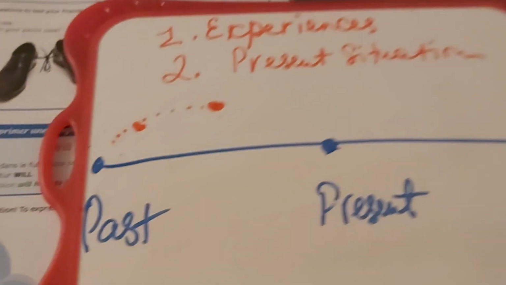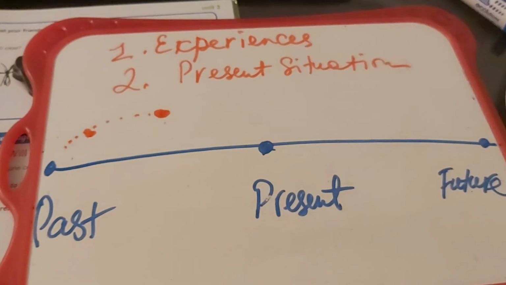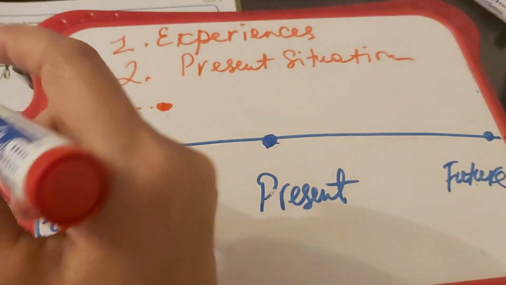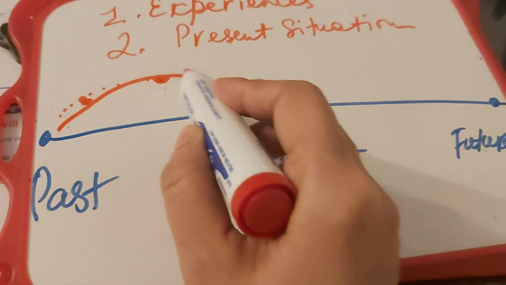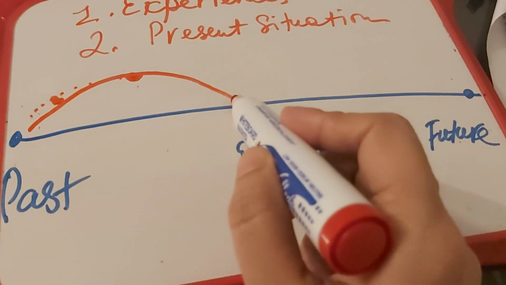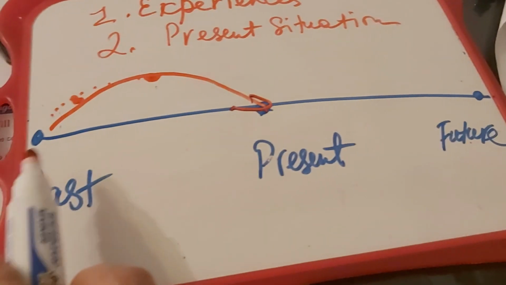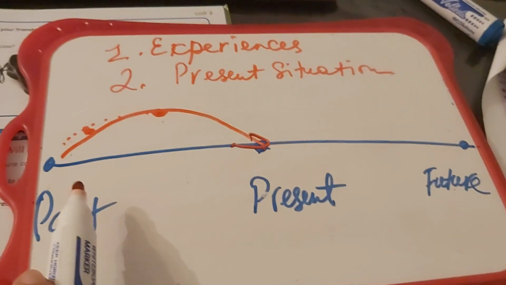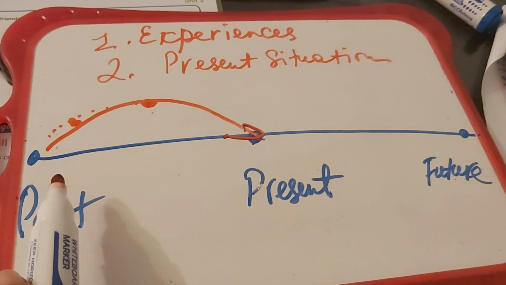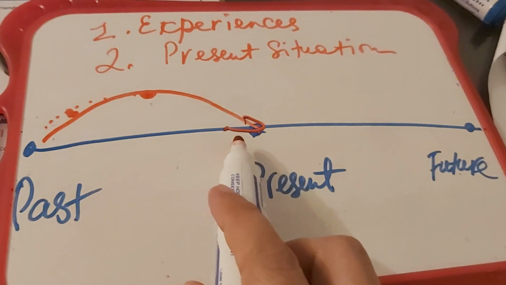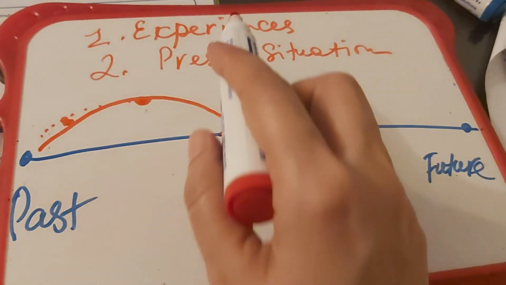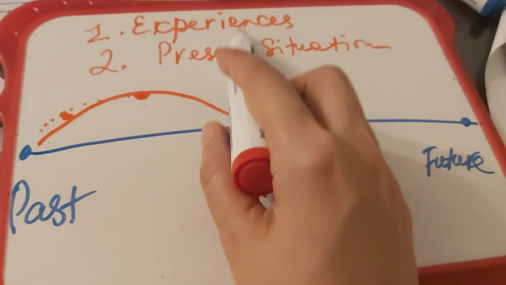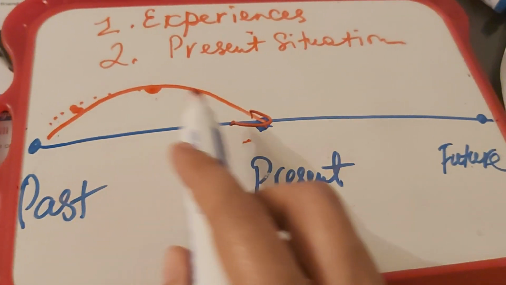Okay, so yeah, and when we use it for the second situation, it's going to be a little bit different. So you started your action in the past and we can see the result now. Pour la première situation, on dit they have lived in Germany.